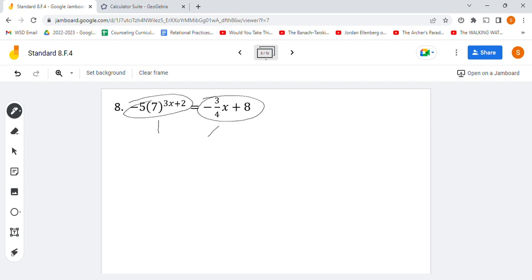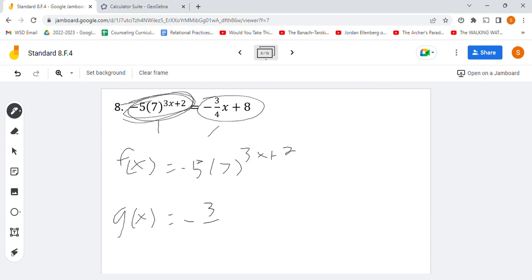So our two equations, if we do that, would be f of x equals negative 5 times 7 to the power of 3x plus 2, for our first equation, that's from this left-hand side there. And then the right-hand side, we're going to call this one g of x equals negative 3/4 x plus 8. That would come from this side of the equation.